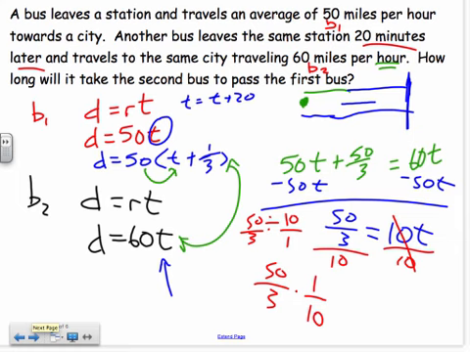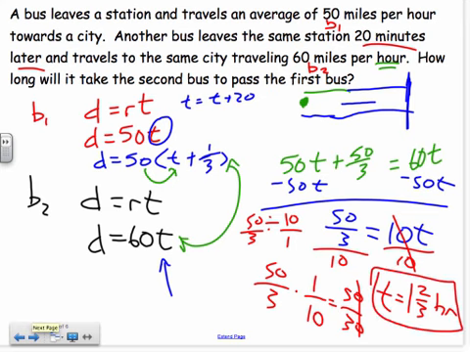So it's 50 over 30, which is 5/3. So t is 1 2/3 hours, or in that case, 1 hour and 40 minutes it takes the second bus to pass the first.